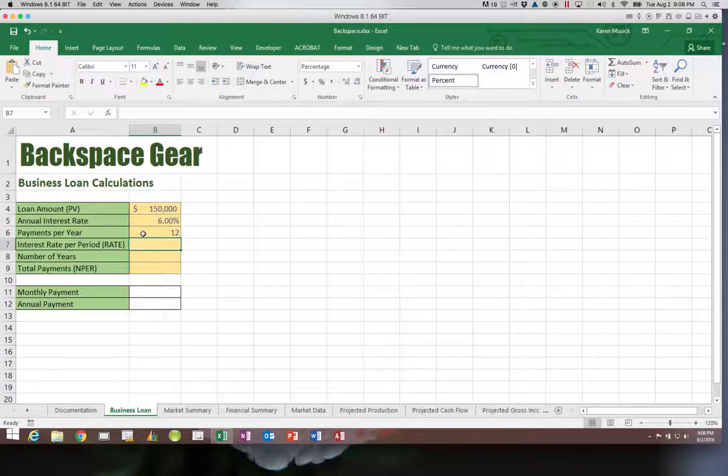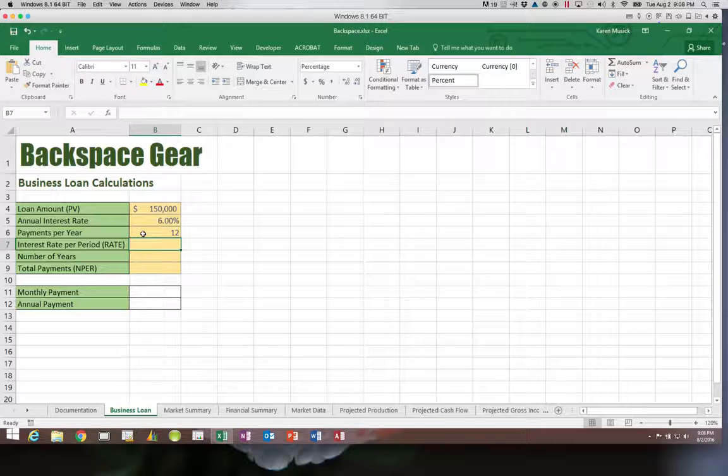We need that information because the interest rate that we need to use in order to calculate the payment for each month is the interest rate for 1 month or for 1 payment period.